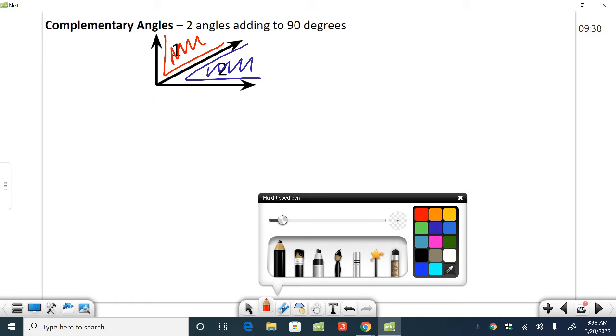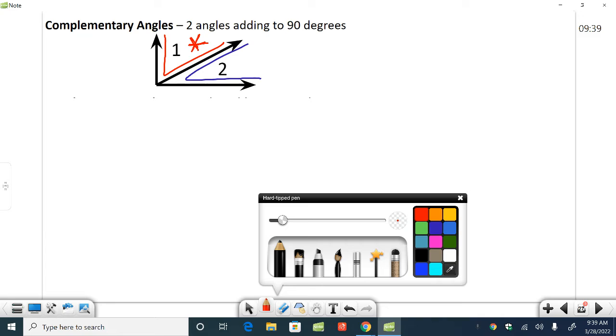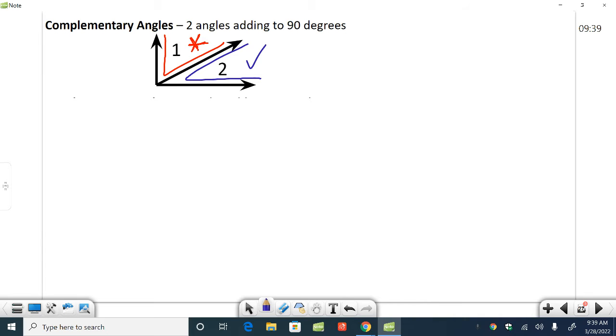I'm going to take what I colored in there out, and I'm going to say that this is a little star, a little asterisk, and then this is a check mark, okay? I'm going to give you symbols just to help you out.